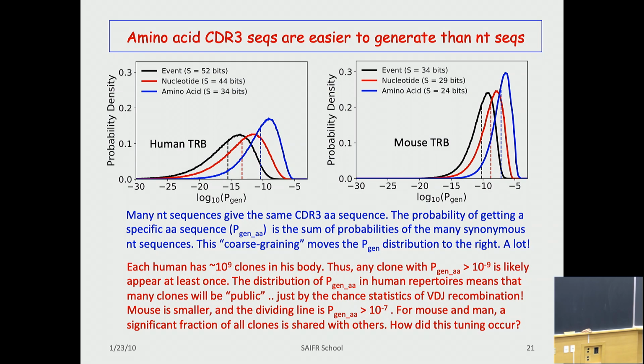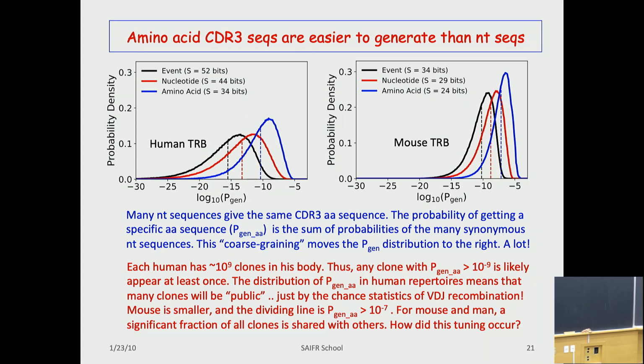So that's the blue curve here, and the mean generation probability is somewhere around 10 to the minus 7. It's just a fact that the number of clones that a mouse has in its body is like 10 to the 7. So some substantial fraction of its repertoire has a probability of generation that is higher than this magical 1 over the size of the repertoire number.